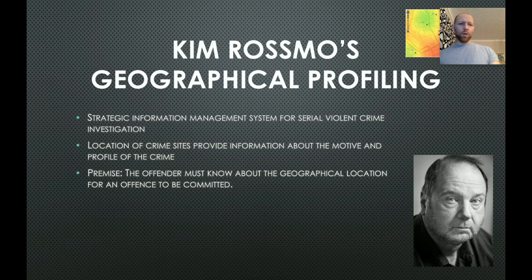The premise behind using this software is that the criminal must know something about the geographical location of where the offence is going to be committed, and you saw that in last lesson with the Yorkshire Ripper. His first crime was in the vicinity of his own domain where he lived.